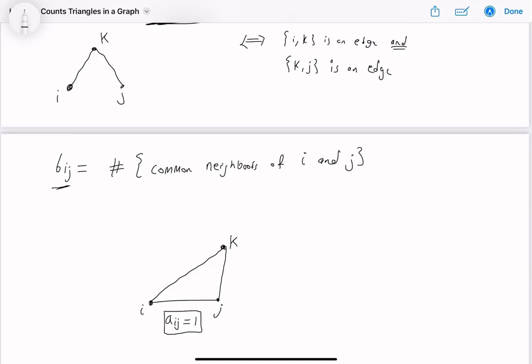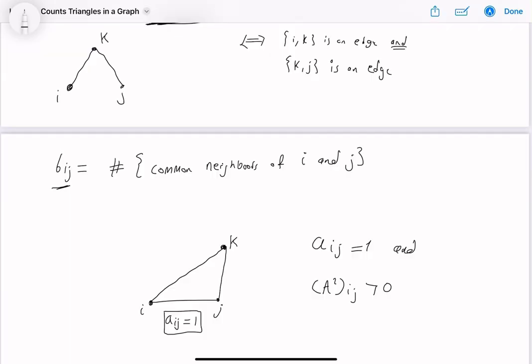So triangles are formed in this way and only in this way, okay? So the condition we're looking for is thus, we'd like i and j to be connected, and we'd like k to be a common neighbor of i and j. And it's not so hard to see now that this is a triangle detector, quote unquote.